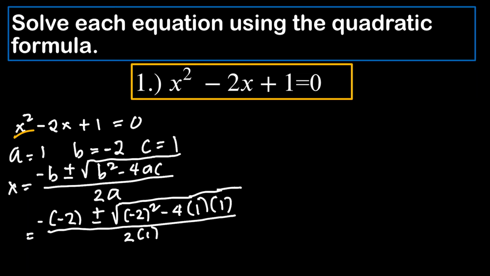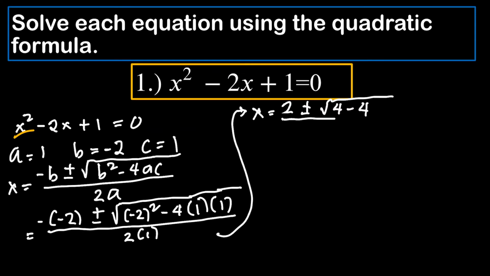Simplifying this further, x will now give us negative times negative is positive 2 plus and minus the square root of 4 times 1 times 1 is 4, minus 4, all over 2.